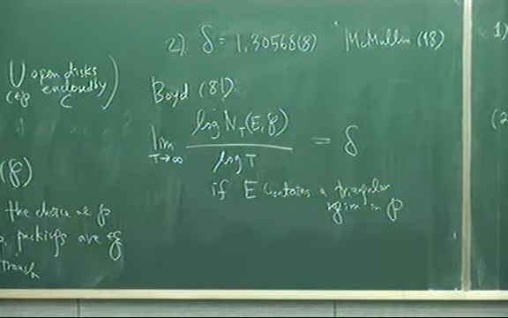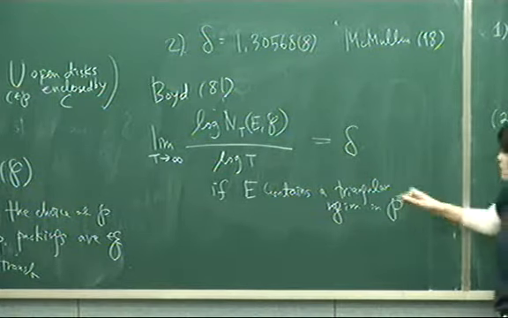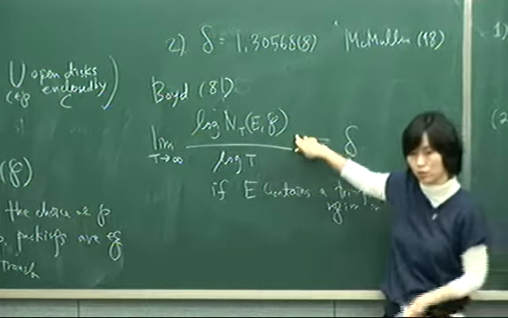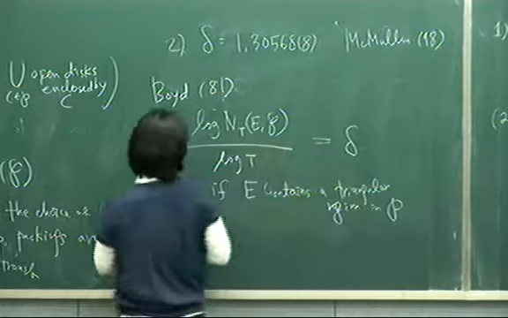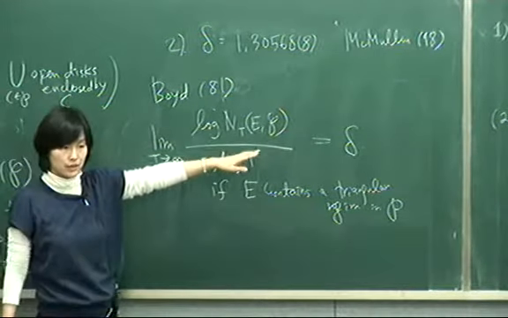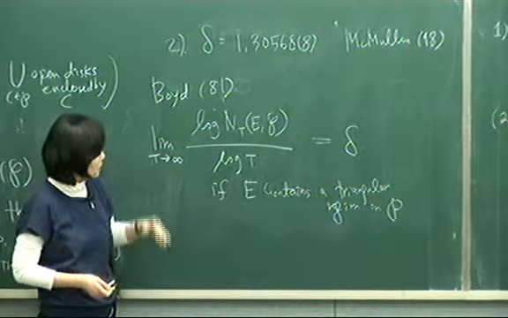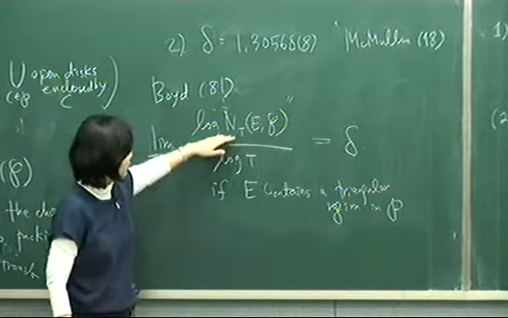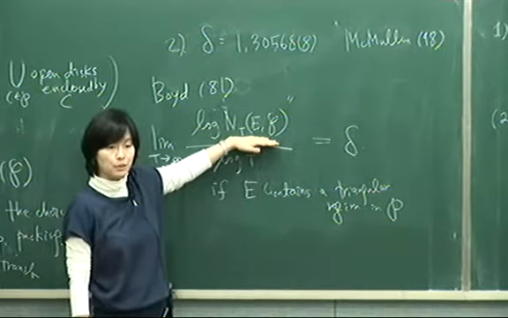As long as E contains one of these triangular regions, then E will contain infinitely many circles in it. So this goes to infinity, and its logarithmic rate is given by this delta. But this does not quite provide the asymptotic growth of this function.